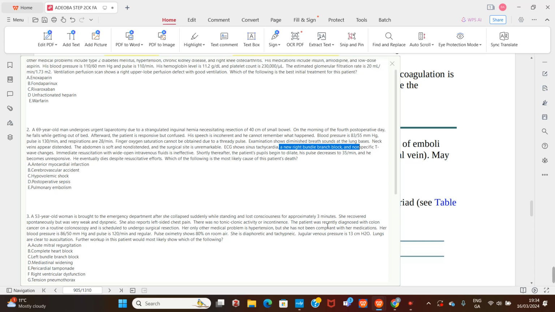The patient was recently diagnosed with colon cancer on a routine colonoscopy and scheduled to undergo surgical resection. Her only medical problem is hypertension, but she has not been compliant with her medication. Her blood pressure is 86/50, pulse is 120 and regular. Pulse oximetry shows 80% on room air. She is diaphoretic and tachypneic. Jugular venous pressure is 13 centimeters of water. Lungs are clear to auscultation.